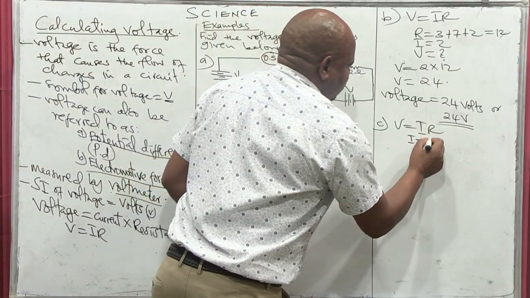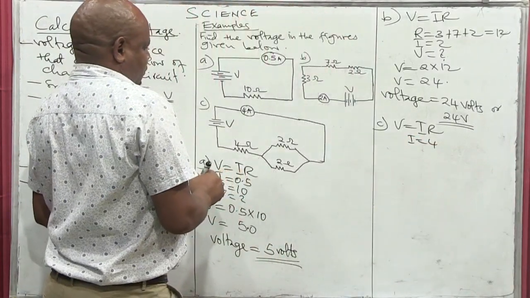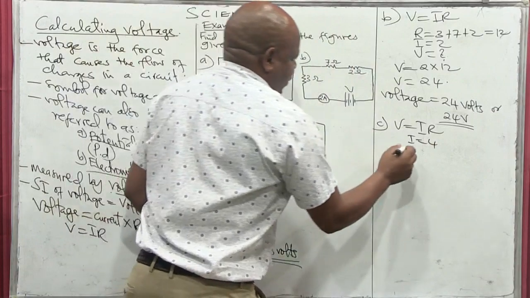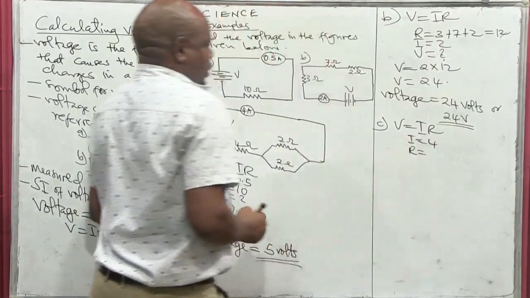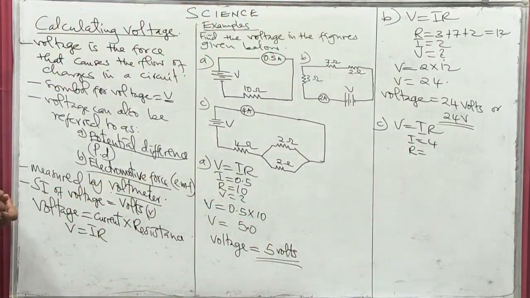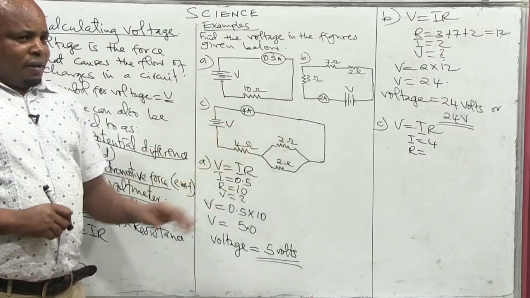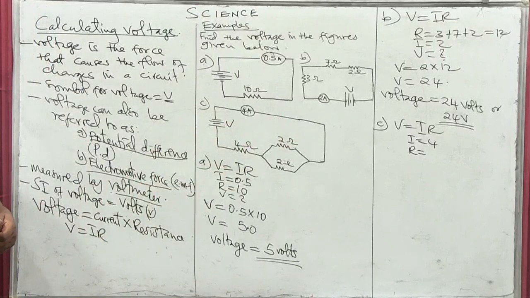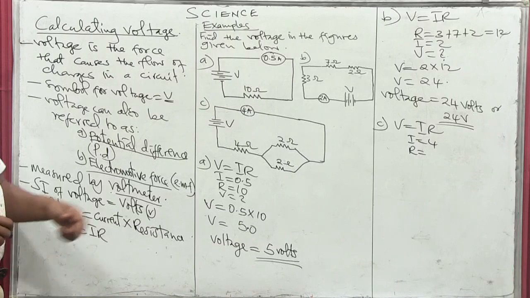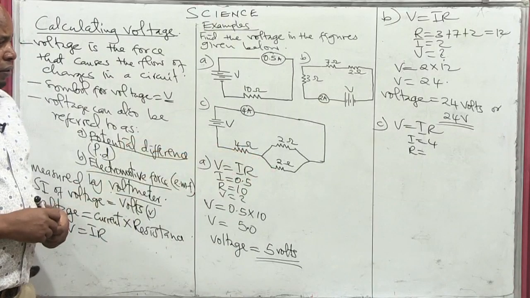I is equal to 4. R is what you are looking for. You have to find the total R here.